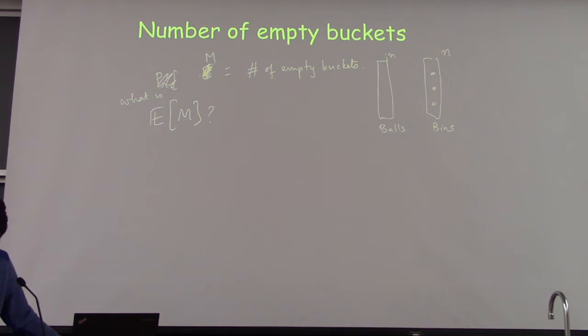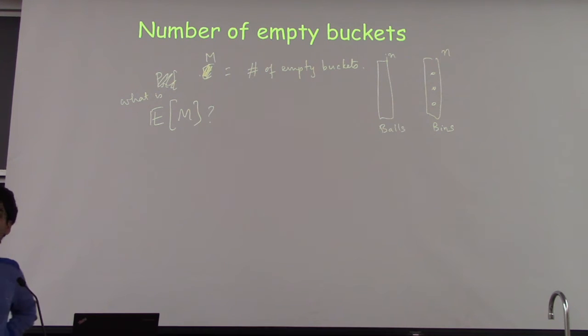So how do you go about doing this? When you want to find the expectation of something, what do you really have to do? If you want to do it the right way, you'll have to say, what's the likelihood that I have 4 buckets that are empty?